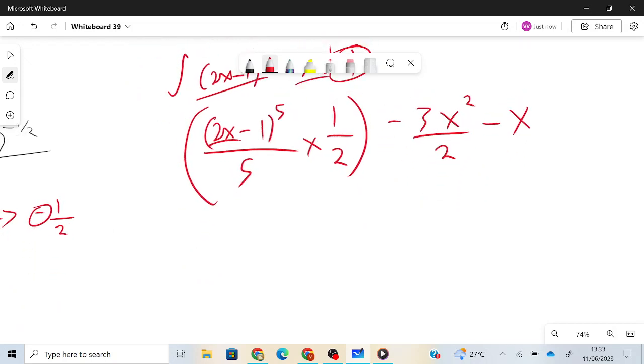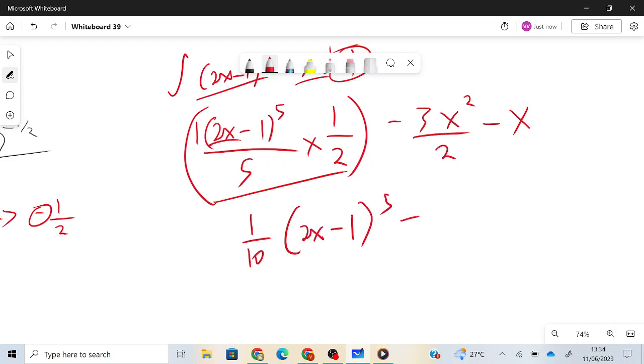So simplifying all this, over here we would do 1 over 5, and then times it by 1 over 2. That's 1 over 10 if I'm not wrong. I'll just calculate that real quick. Okay, yeah, it's 1 over 10, so 1 over 10 into 2x minus 1 to the power of 5.